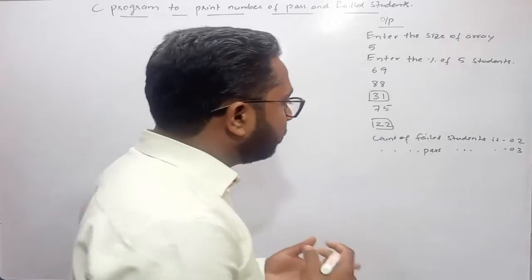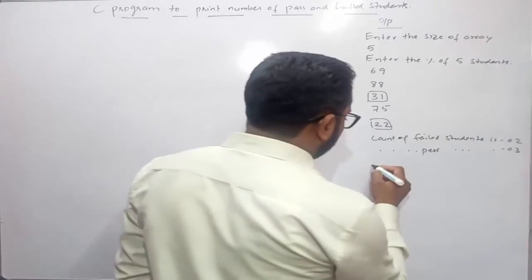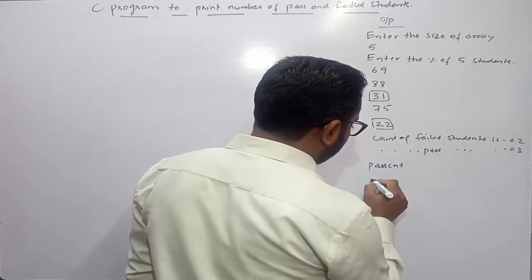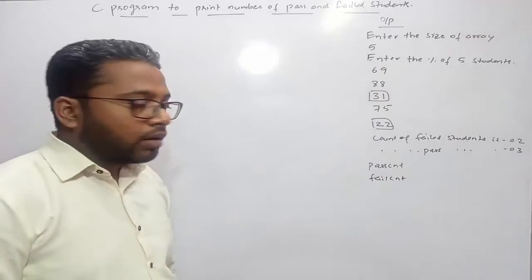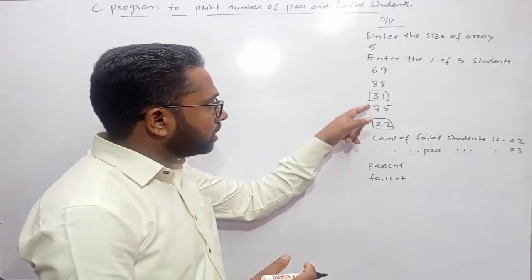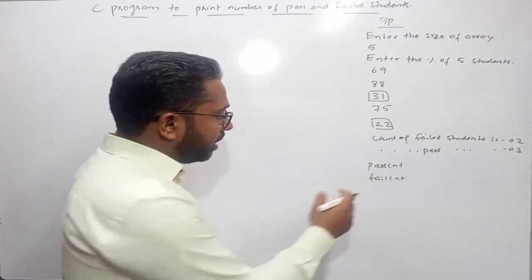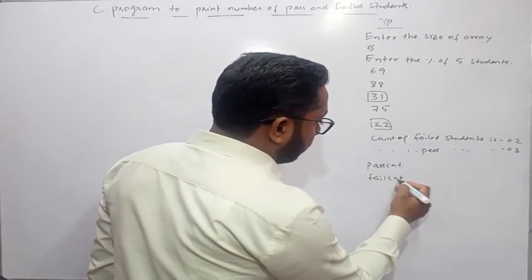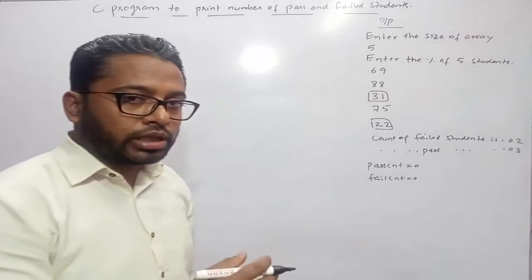So to do this we will maintain two variables here. The first variable is pass count and the second variable is fail count. Initially we need to set both of these variables to 0.